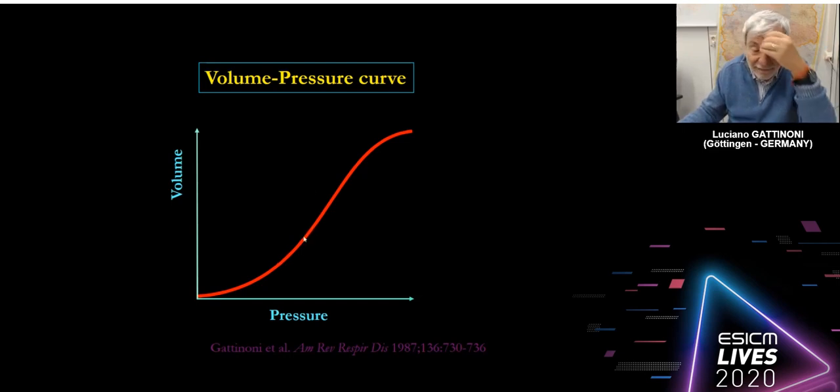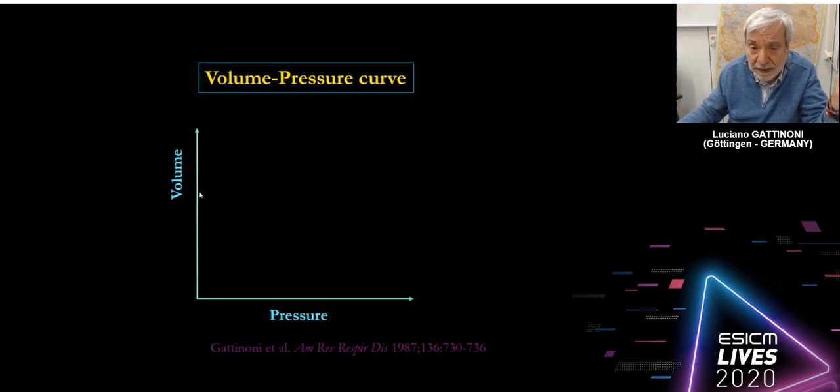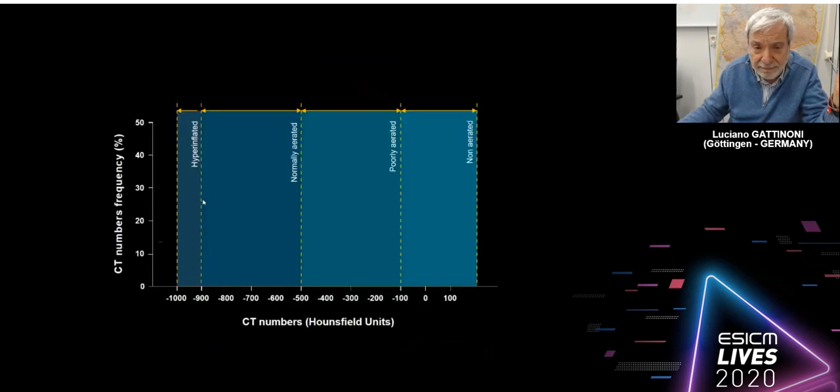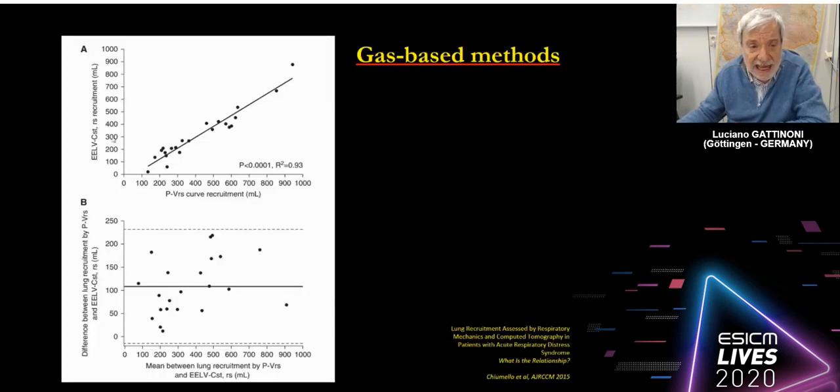For the same delta pressure they get more delta volume, which is read with the gas method as recruitment. And this, as an example, is a study that we did with Humel a few years ago: you have the PV curve system and the compliance-based system, and you see there is a perfect agreement with a very reasonable standard deviation.